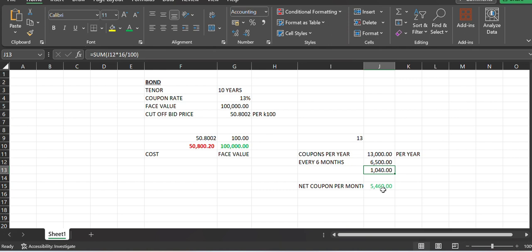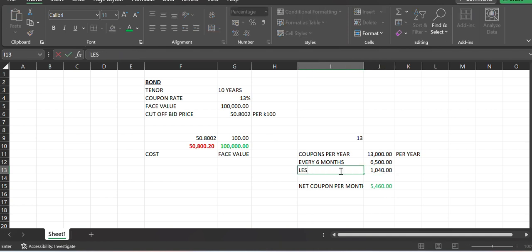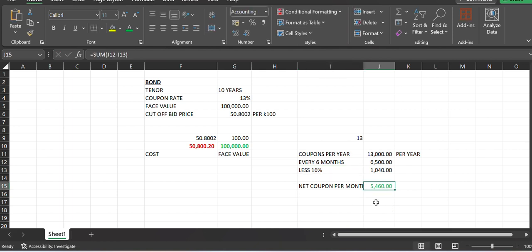They likely first remove maybe 1%, and then with what remains, they remove 15%. But just for ease of calculation, I have just removed 16%. So yes, 16% gives you that.